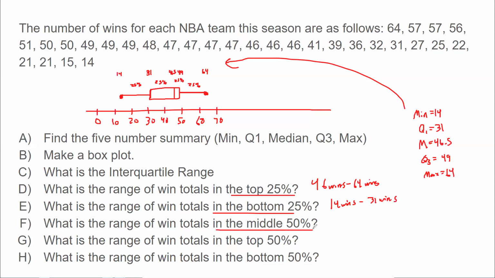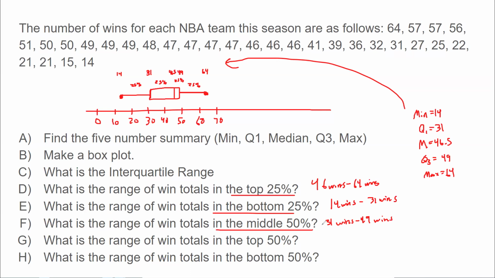Okay, middle 50%, that's the box part. So 31 to 49 wins. So half the teams had between 31 and 39 wins. I'm sorry, 31 and 49 wins. Top 50% is going to be, so that's 46.5.